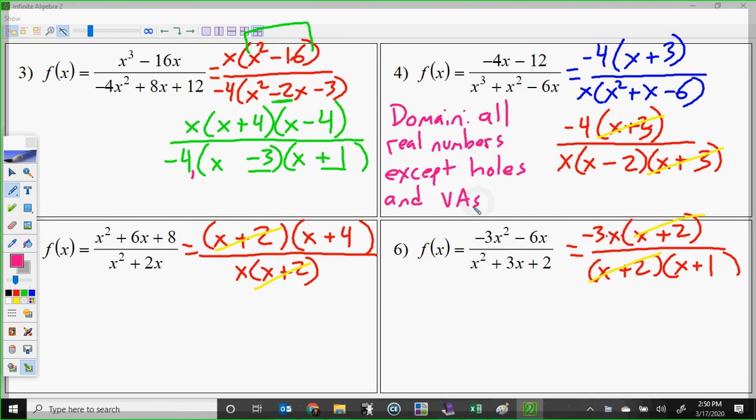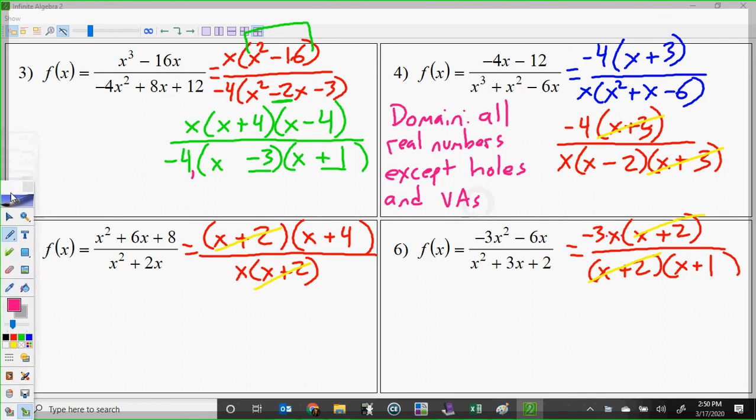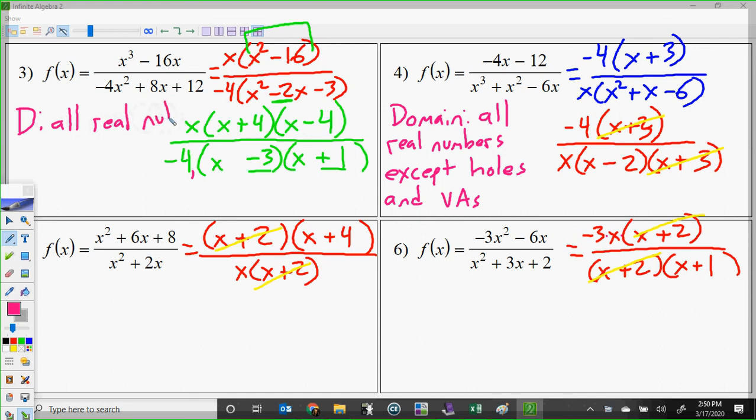Okay, so for number 3, my domain, which I'm going to shorten to capital D, is all real numbers except, well, what did we get as our holes in domain?